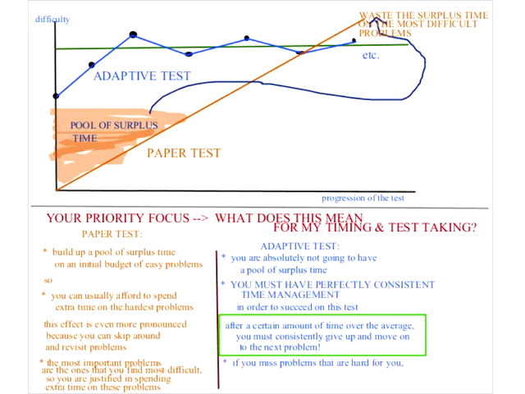If you miss problems that are hard for you, the effect is much smaller than if you miss easier problems. So, all caps on, give up earlier if problems are hard.